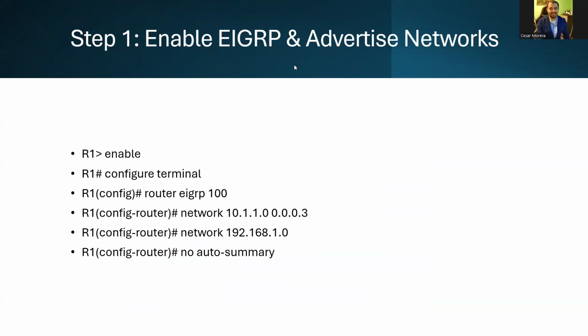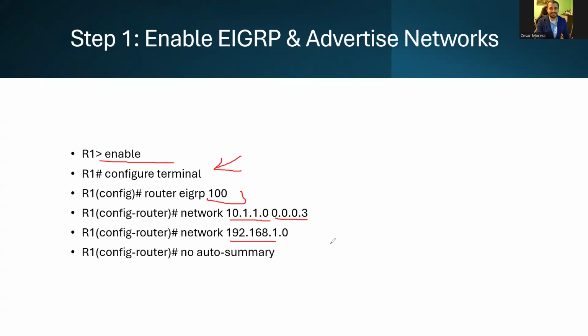First, we access the device with enable. We go to configure terminal and add the EIGRP process here: router eigrp 100 in this example. Then the network 10.1.1.0, followed by the wildcard mask. It's not mandatory per se, but in this scenario we have it there.